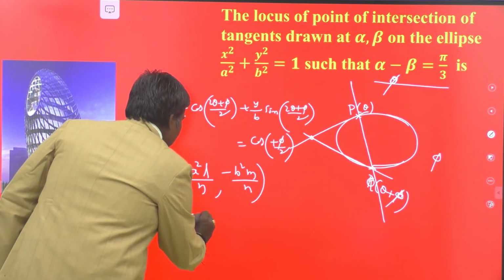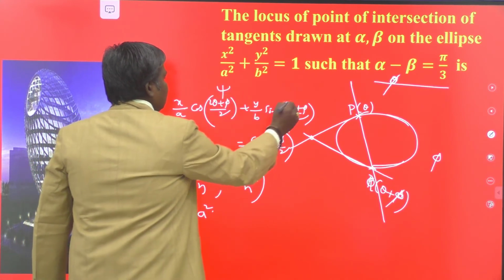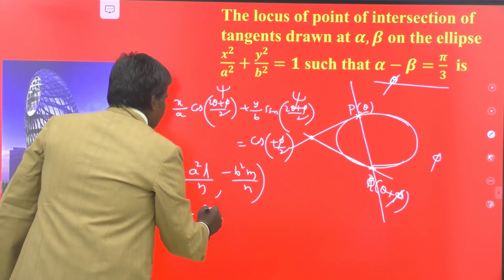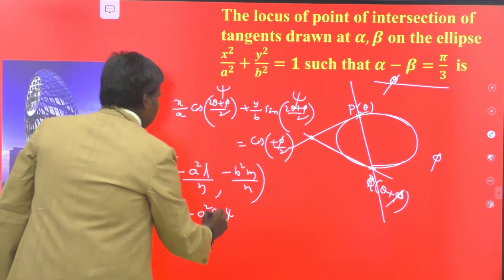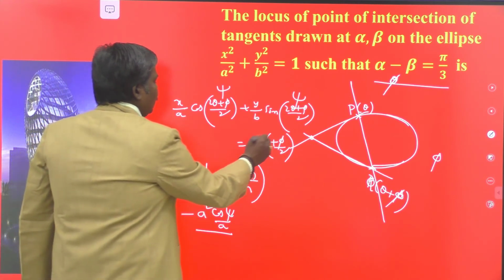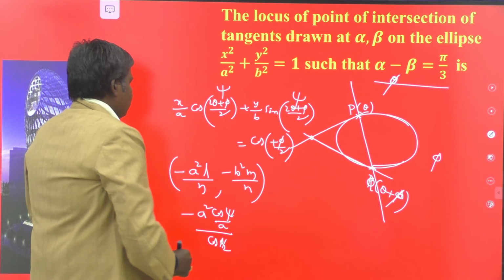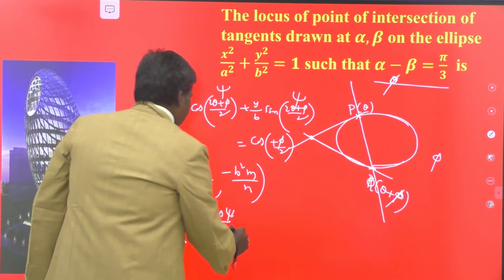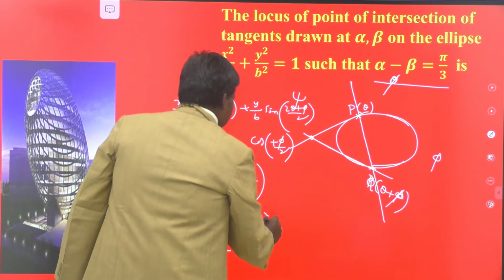Minus a square means minus a square. L means what? Suppose this is some angle xi. A square, L means cos xi by a; n means cos phi by 2, comma minus b square, m means sin xi by b.